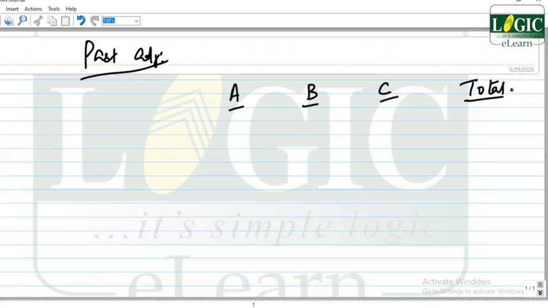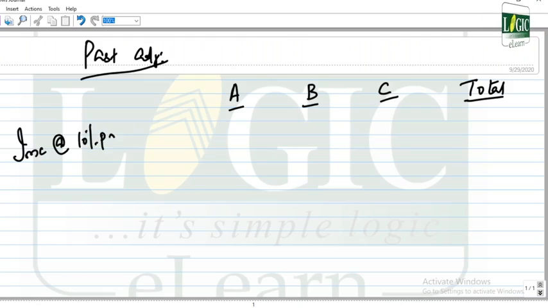Now what was the mistake here? The mistake was that interest on capital at the rate of 10% per annum was omitted for 3 years.